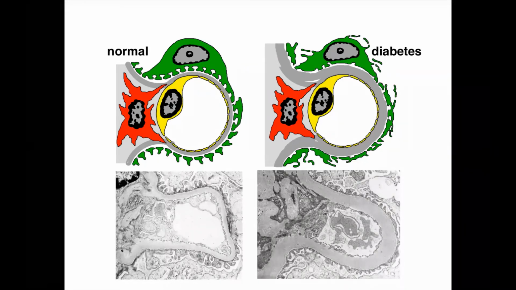Other than that, of course, the importance of doing electron microscopy in diabetic nephropathy is that sometimes we see nodules. We look, are we dealing with any other causes of nodular sclerosis or mesangial expansion, and we'll be talking about those.